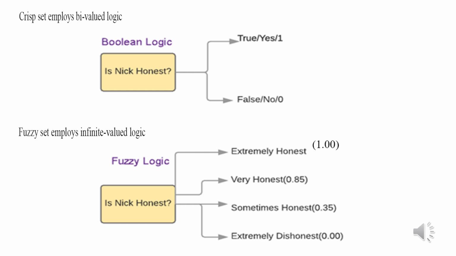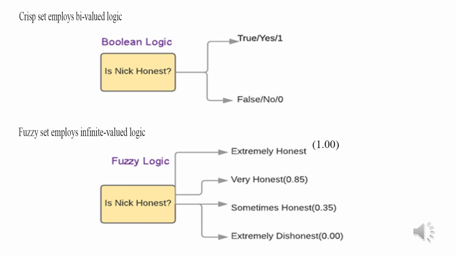For the question, is Nick honest? If we get different answers like extremely honest, very honest, sometime honest, extremely dishonest, then we can give maximum membership value 1 to extremely honest and the lowest membership value 0 to extremely dishonest, and for the rest we can give the values in between 0 and 1.